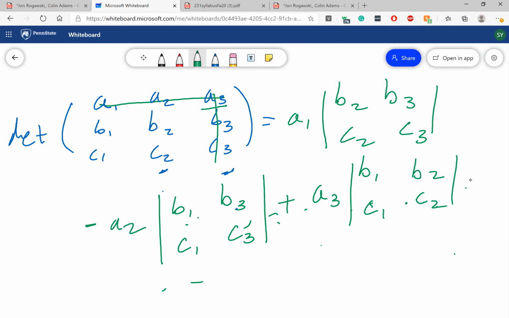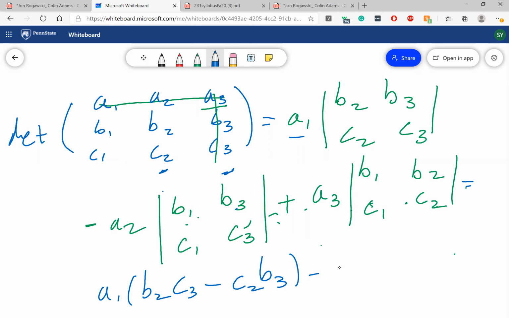Okay. So now this is going to be equal to A1 from here times the determinant of this matrix, which is B2C3 minus C2B3.